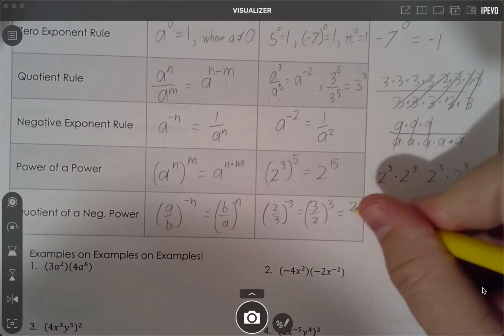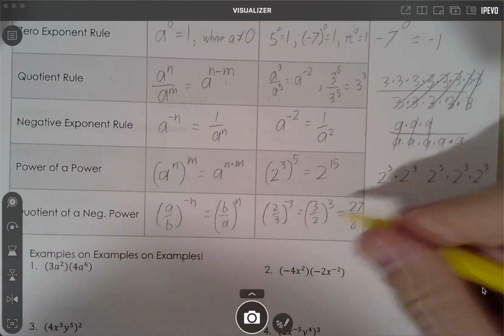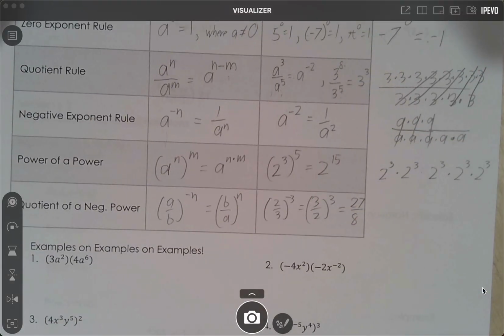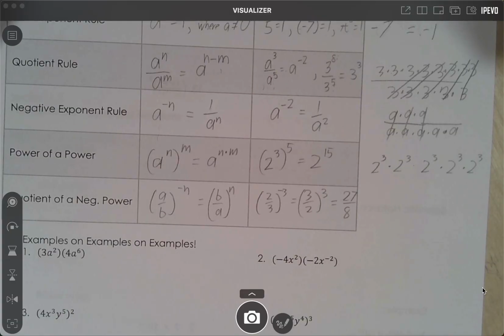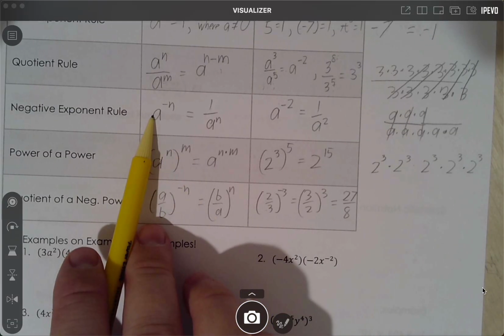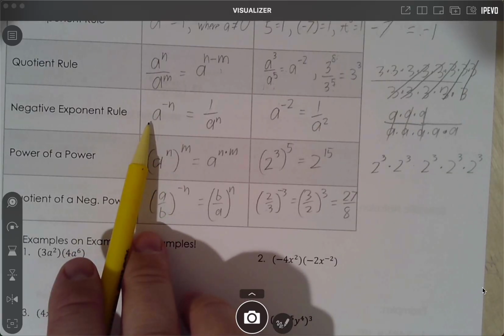And just to work that out, that would be 27 over 8, because that's what 3 cubed is, and that's what 2 cubed is. And we write them where they came from in the numerator and denominator. All right, so this rule, just to say, is technically just this rule right here. It's just, if you don't see a fraction, there's an invisible 1.